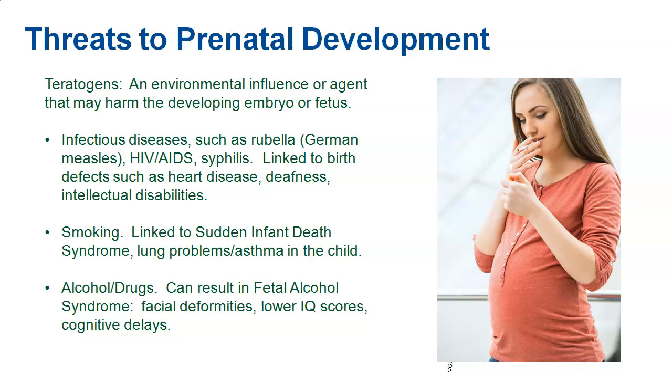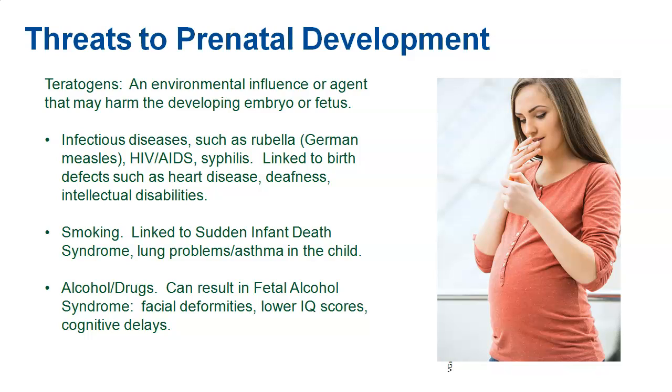The first one is one that you will, again, need to know for the exam. There are various infectious diseases. So there's rubella, which if you recall is the one that you will need to know, HIV or AIDS, or syphilis. This means that the mother has this infectious disease at the time of pregnancy.